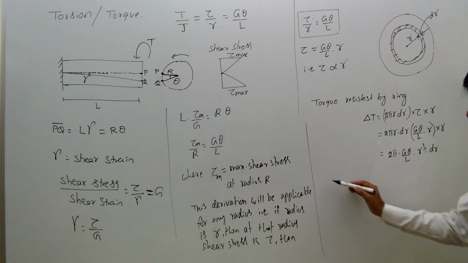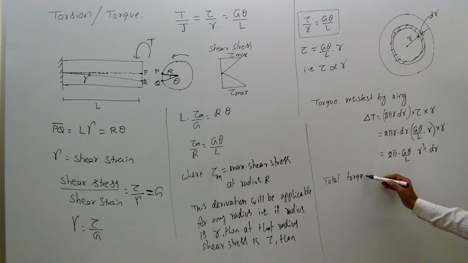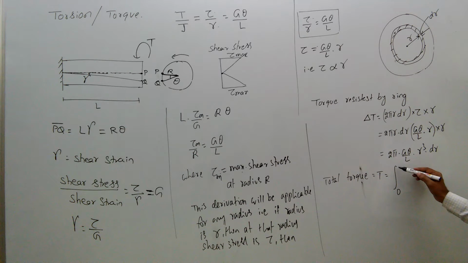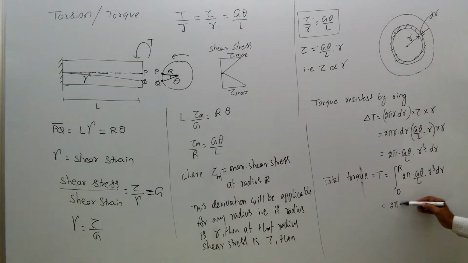So the total torque T equals the integral from 0 to capital R, where capital R is the radius of the shaft, of 2 pi G theta by L into r cubed dr. Integration gives r power 4 by 4, so T equals pi r power 4 by 2 into G theta by L.